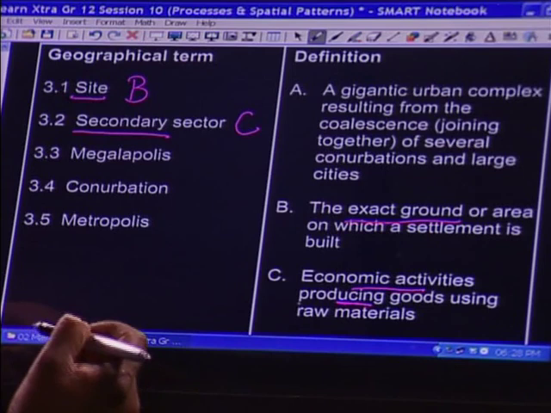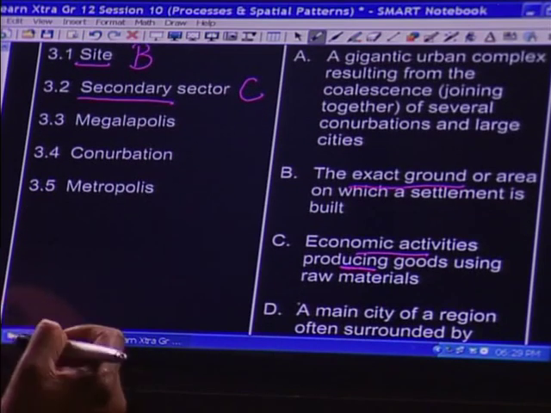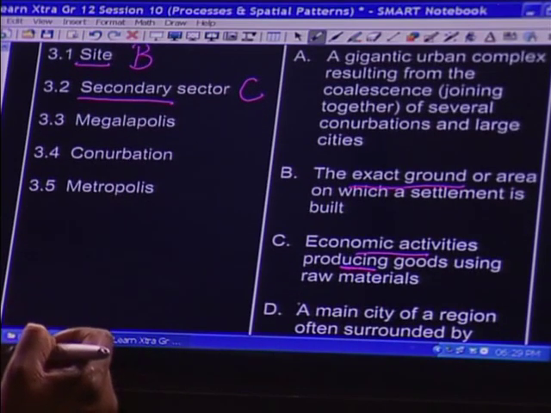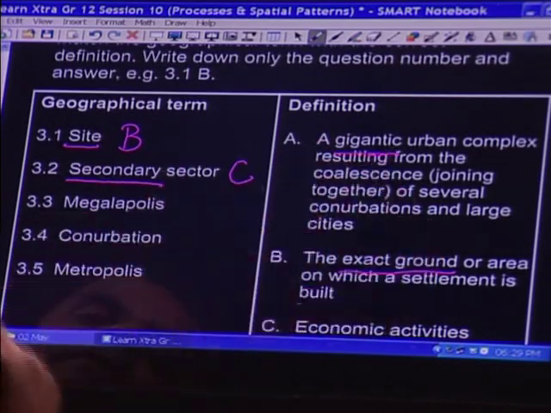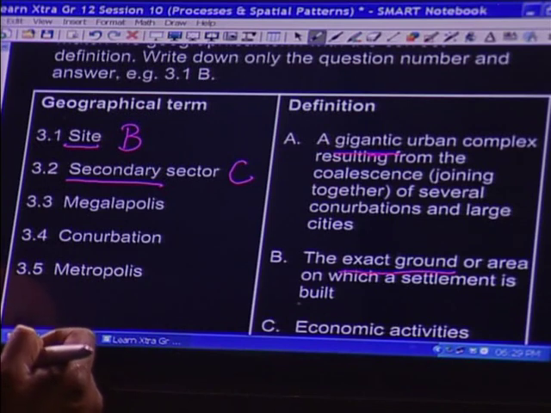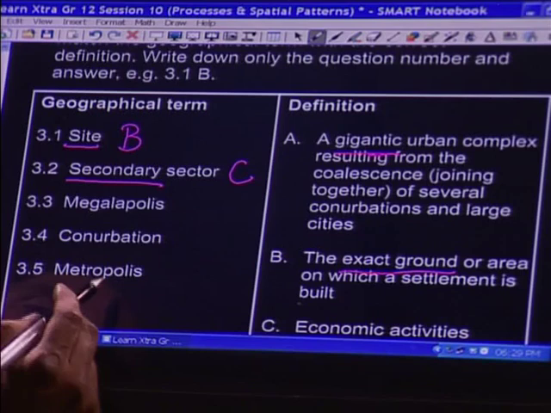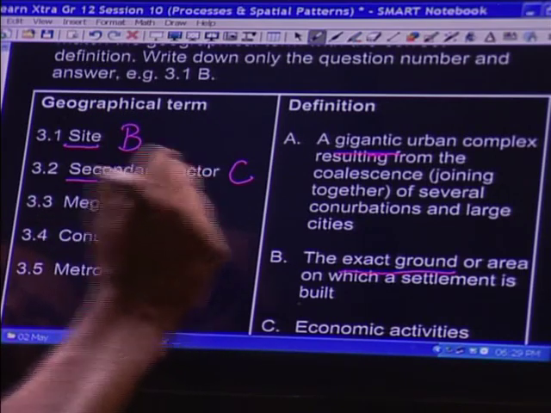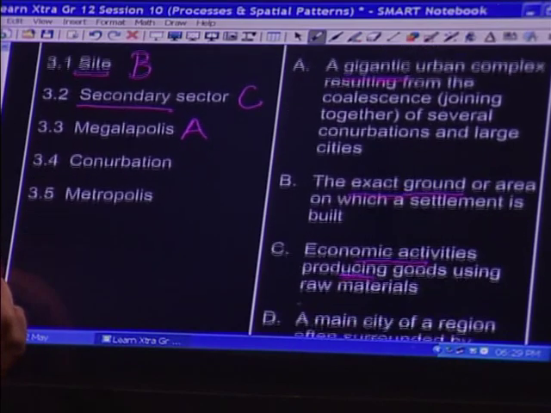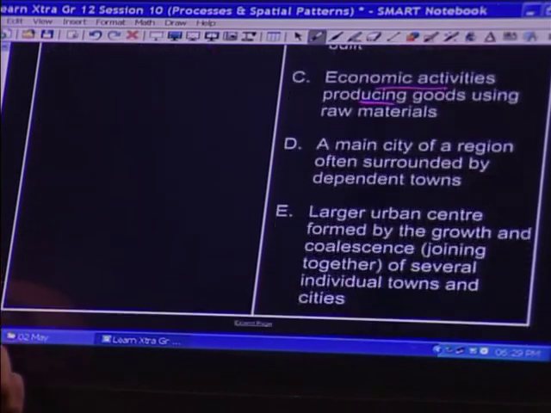Megalopolis. Remember your settlement hierarchy? Of all settlements, the megalopolis was the largest. Another word for largest: gigantic. A gigantic urban complex resulting from the coalescence or joining together of several conurbations and large cities. The answer for 3.3 is A. Moving on to conurbation, which is 3.4.